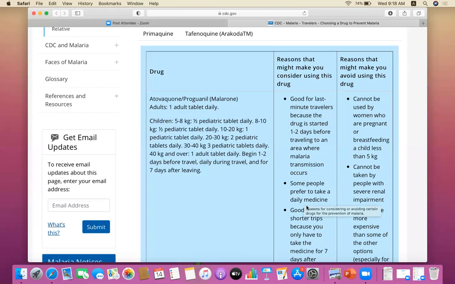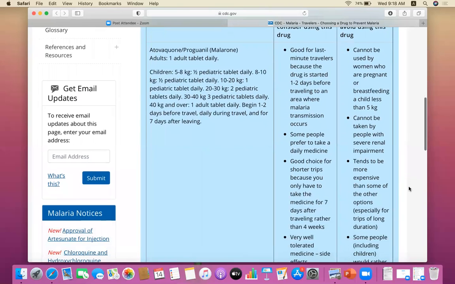Some people prefer to take a daily medicine, and it is a good choice for shorter trips because you only have to take the medicine for 7 days after traveling rather than 4 weeks. If you come back from an area where the malaria rate is high, you can continue for just 1 week.